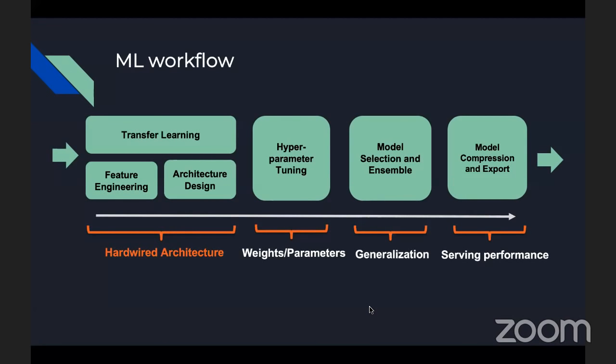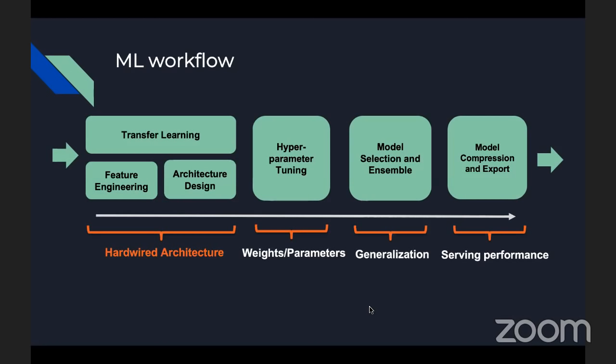Although the second stage is also very important, our research actually kicked off from trying to see if AutoML can design better hardware architectures. And later, we may focus on more stages of the machine learning workflow.